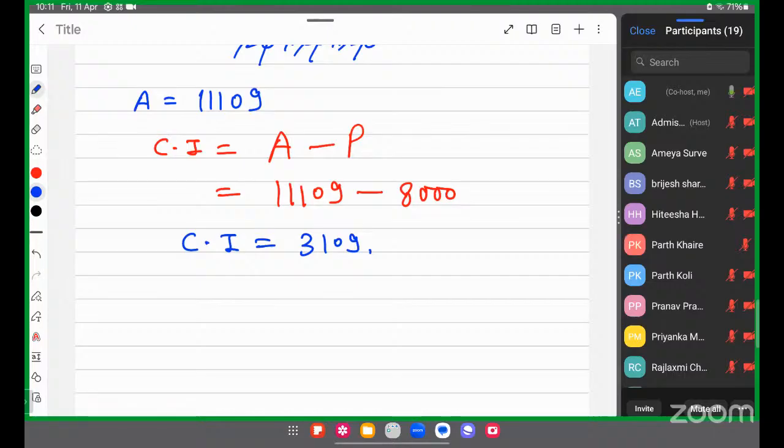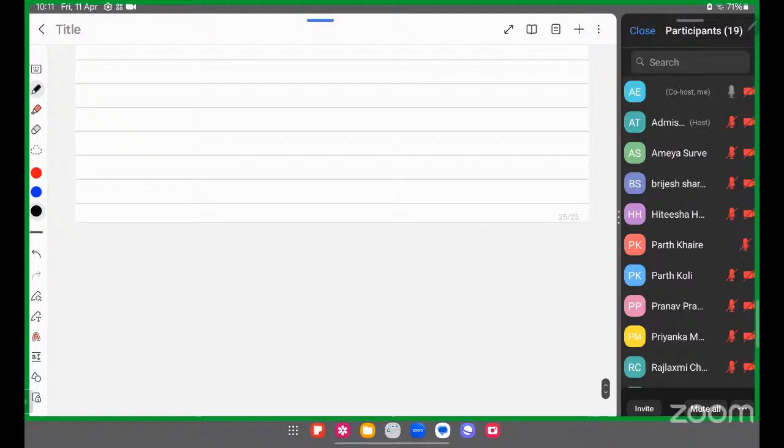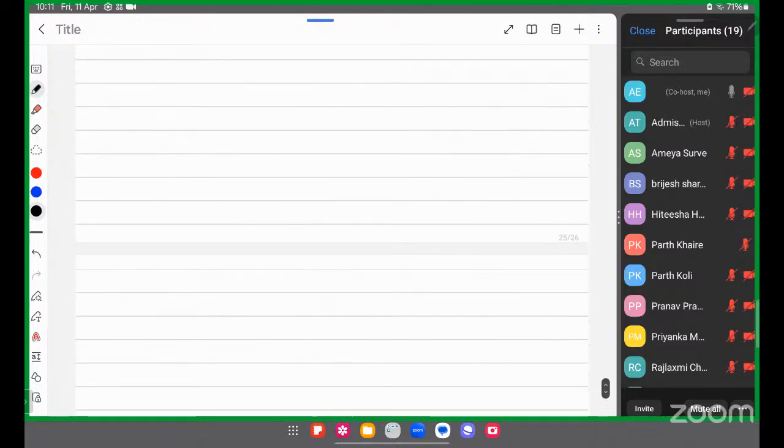Next question is, find the compound interest. It is a straightforward question.